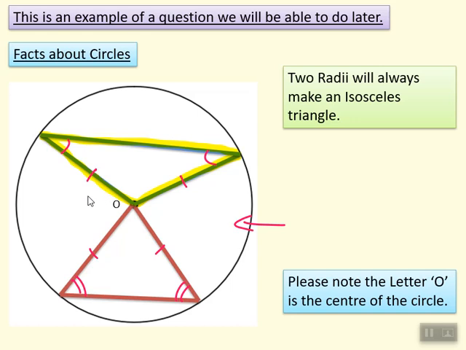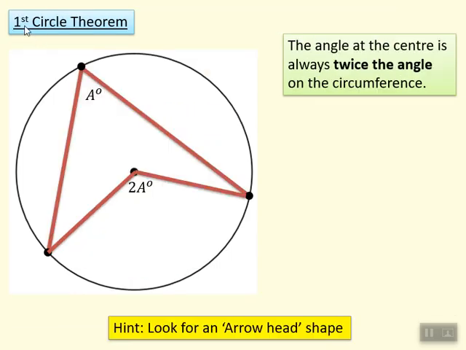Okay, now, circle theorem number 1. This is the first proper one, and it's difficult to see, but I'm going to demonstrate it in a minute. First of all, if you have 2 positions like this, which are fixed on the circumference, and then you pick a third position, let's do it this way.